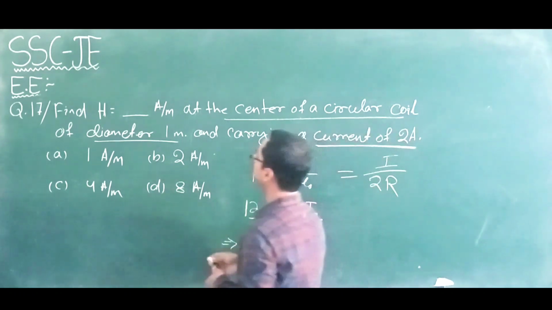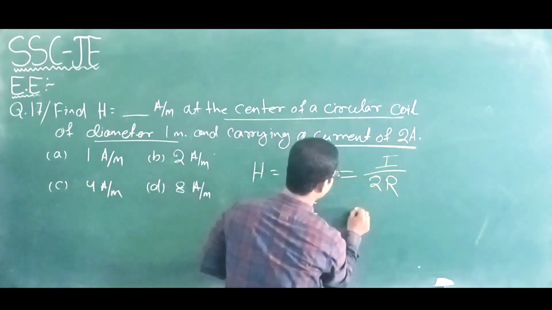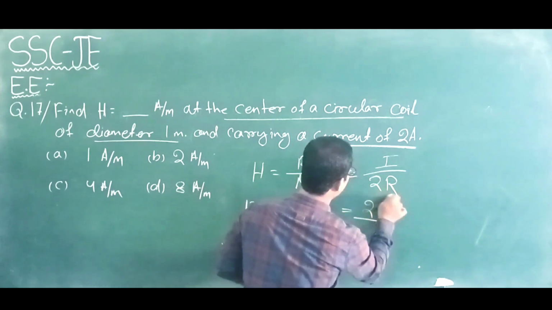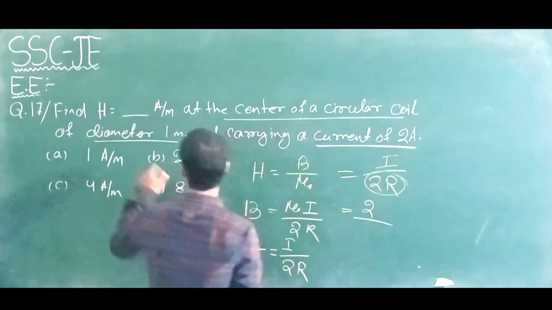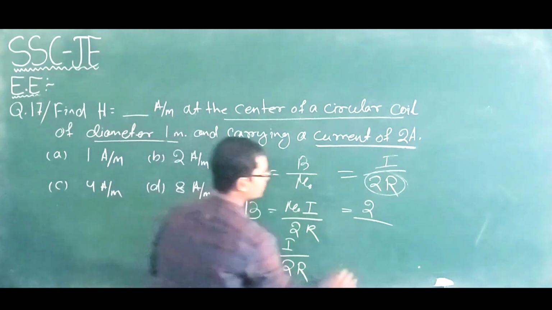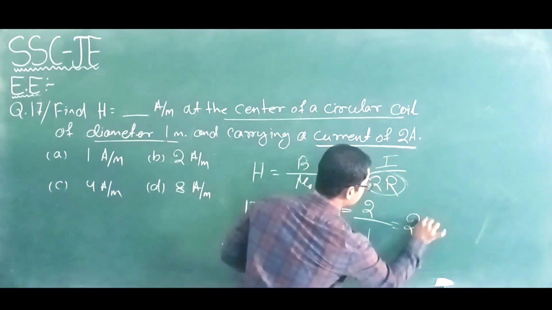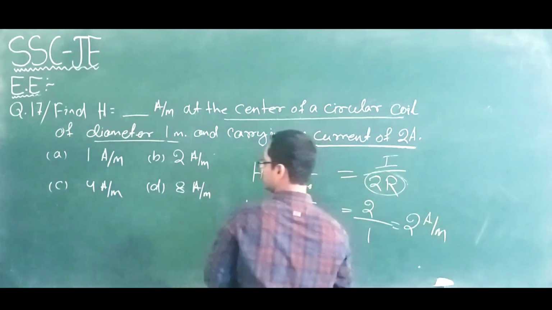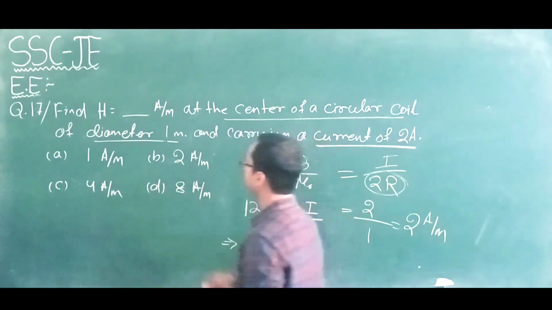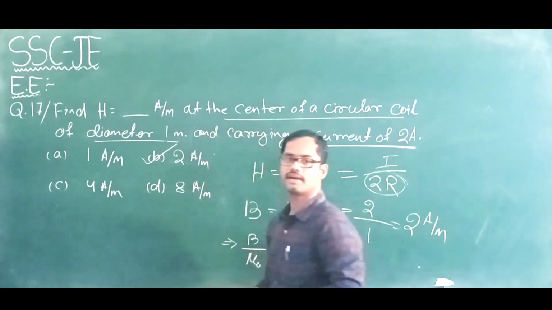The current is 2 ampere, divided by 2R, which is the diameter, given directly as 1 meter. So the answer will be 2 ampere per meter. From these four options, option B is the correct answer.